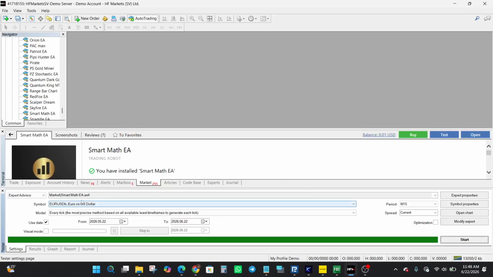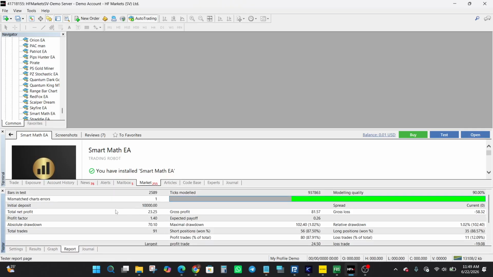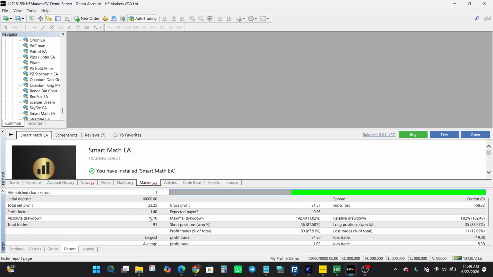Let's see how the Smart Math EA performed on EURUSD on the M15 time frame as recommended over the past month using the Everytick modeling. Okay, so for my initial deposit of $10,000, the total net profit was just 23.25.